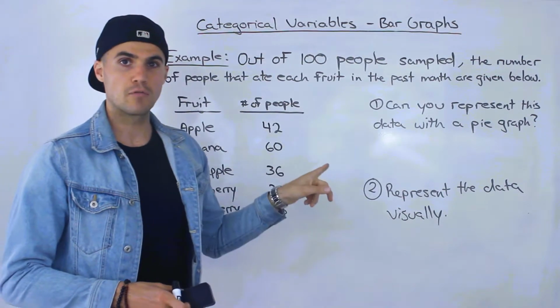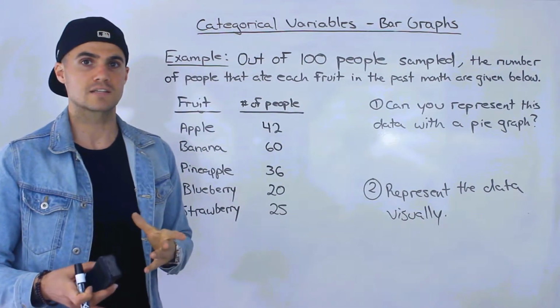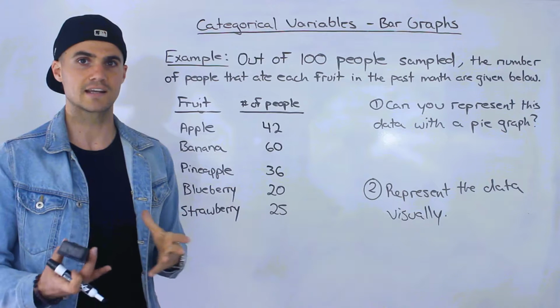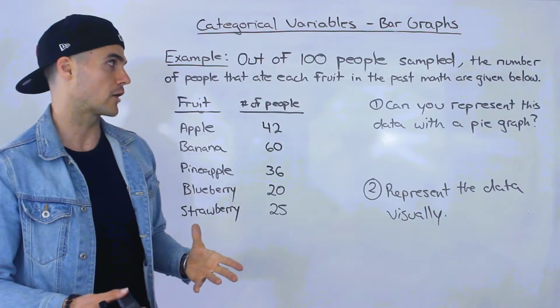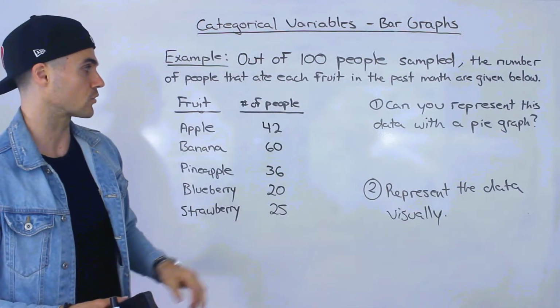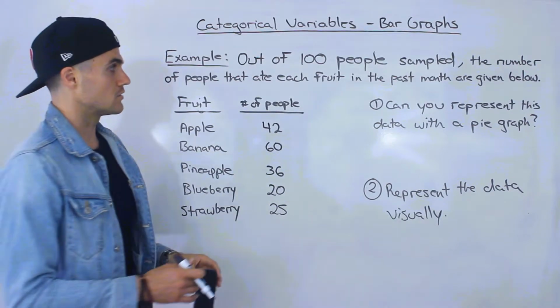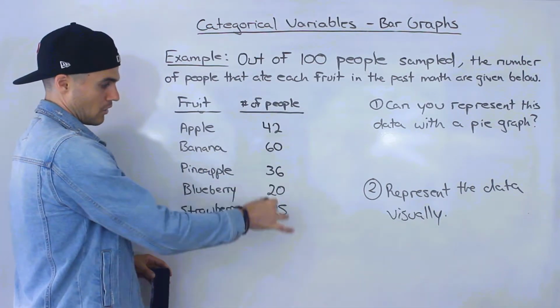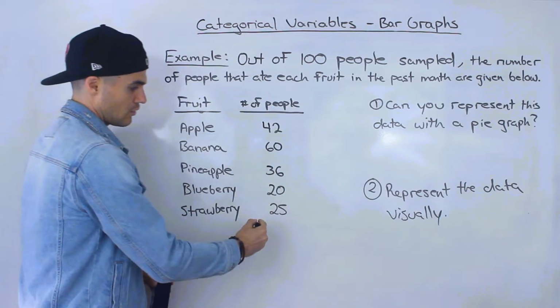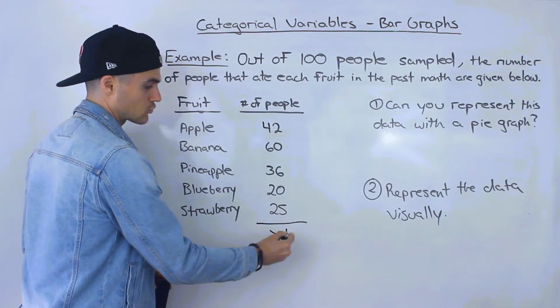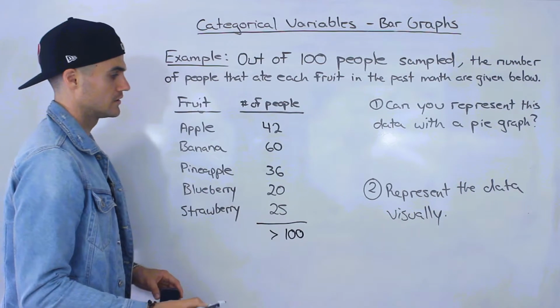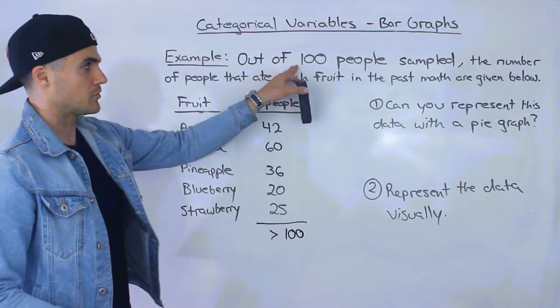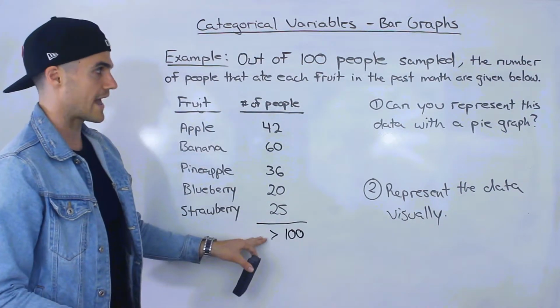Now, if you remember from the video where we talked about pie graphs, I mentioned that not all data can be represented with a pie graph when we're looking at categorical variables. Notice that if we add up all these numbers, the sum is going to be greater than 100. But we only sampled 100 people. So why is that happening?